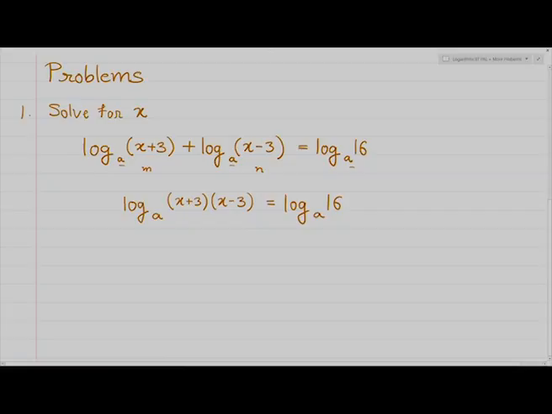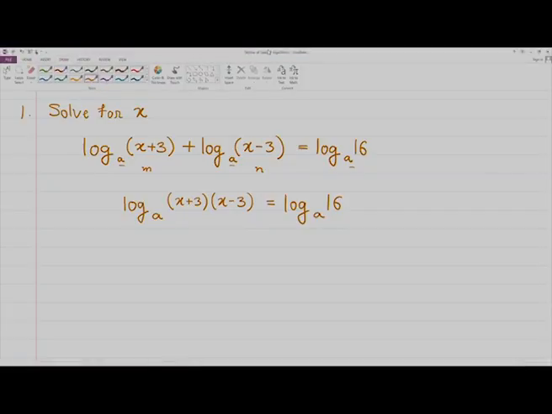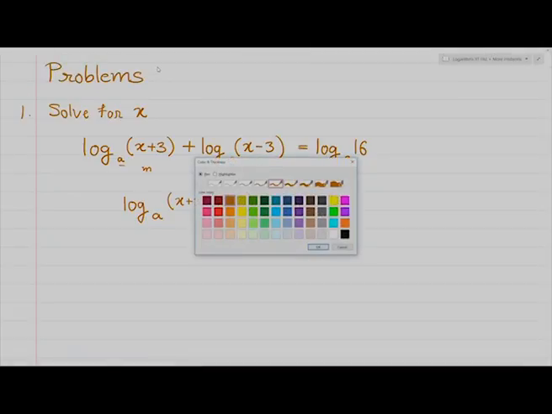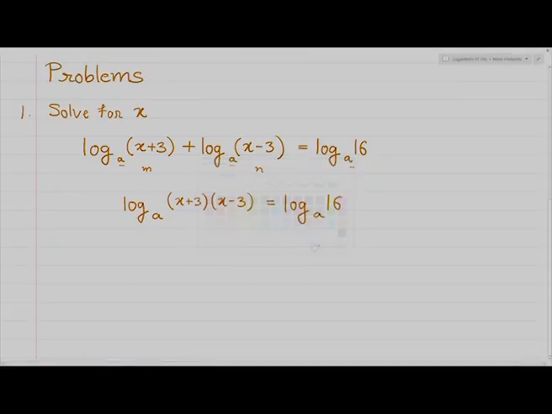Okay. Now, let us change the color, because we have simplified, and try to give a solution to this problem. So, how is this done? This is done using the multiplication law. That is our property 1.